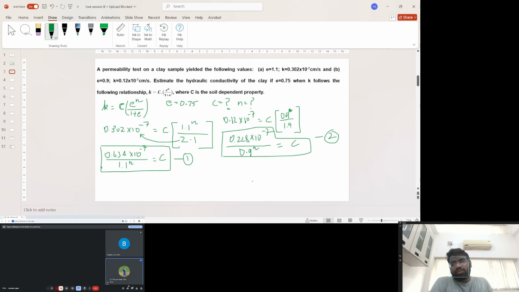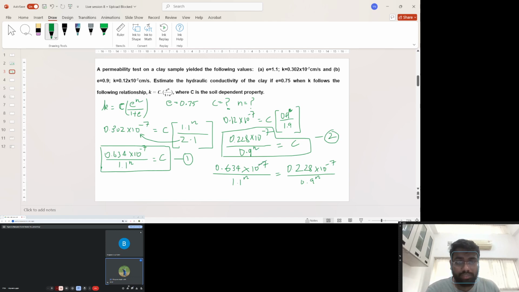Right? So equation 1 and 2 can be equated since the right hand sides of the equations are same. So when we apply this, 0.634 into 10 power minus 7 divided by 1.1 power n is equal to 0.228 into 10 power minus 7 divided by 0.9 power n.